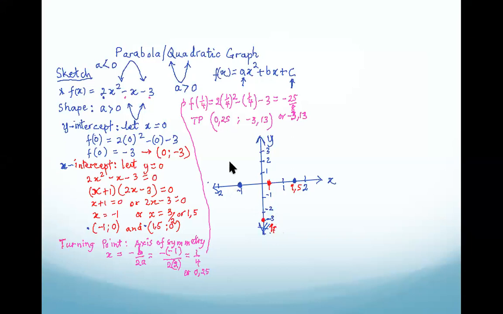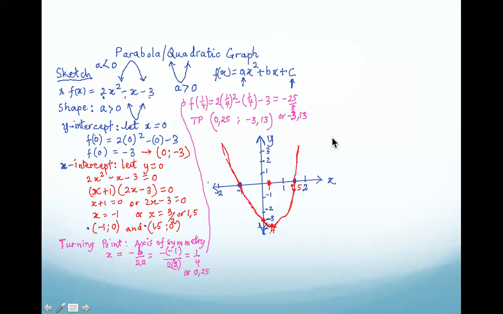Okay, so I will draw the graph, you see, and I will pass through the y-intercept. Then I will go and turn on this turning point. Then I come to the other x-intercept. So basically, the graph must pass through the x-intercept and then go through the turning point and then go through the other x-intercept.